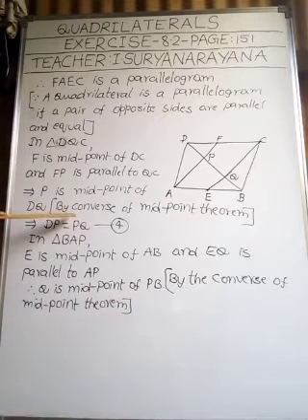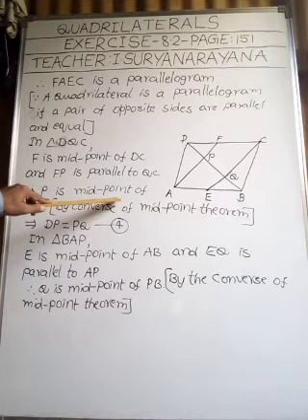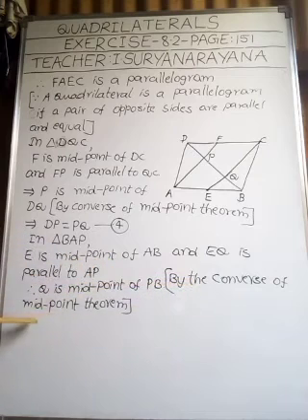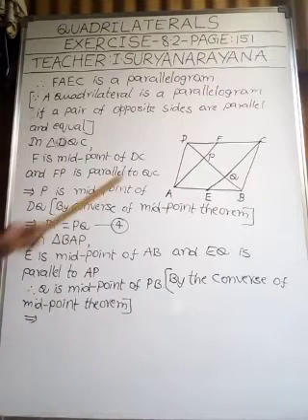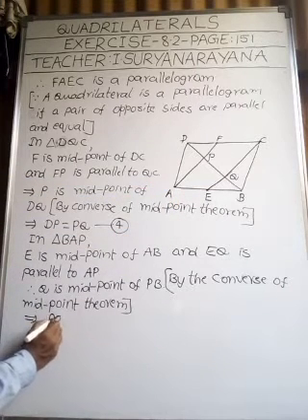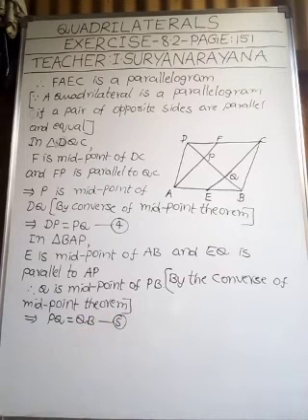As we used the converse of the midpoint theorem to write the previous statement, here also we used the converse of the midpoint theorem to write this step. This implies PQ is equal to QB. Let us consider this as 5.